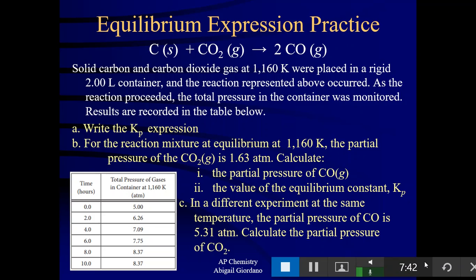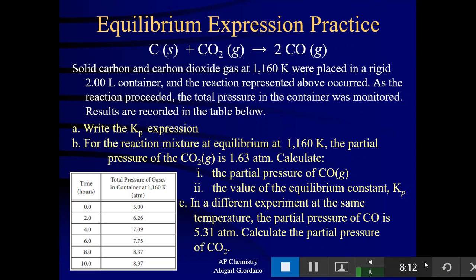Well guys, there's only 2 gases in this entire scenario, carbon dioxide and carbon monoxide. We are told the partial pressure of carbon dioxide, and they want us to find the partial pressure of the other one. Well, how do we do that? It tells us that we are at equilibrium. So if you'll notice, look in the chart of data.